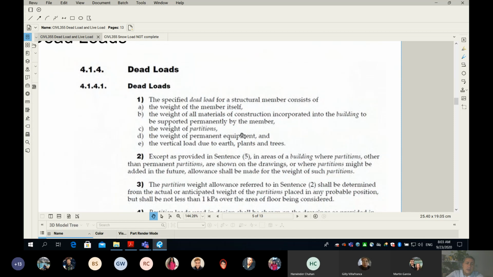I'm going to let you read item 4.1.4.1 on my screen. I will mark it for you, so I want everyone to take 2 minutes to read this item. This item simply tells you what are the things you should consider as dead load. I'm asking you to read only statement number 1, so please stop here. I'm going to draw a box around what I want you to read. Here we go.